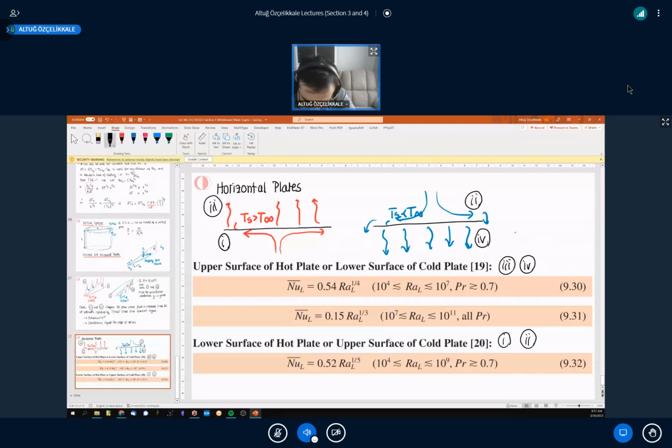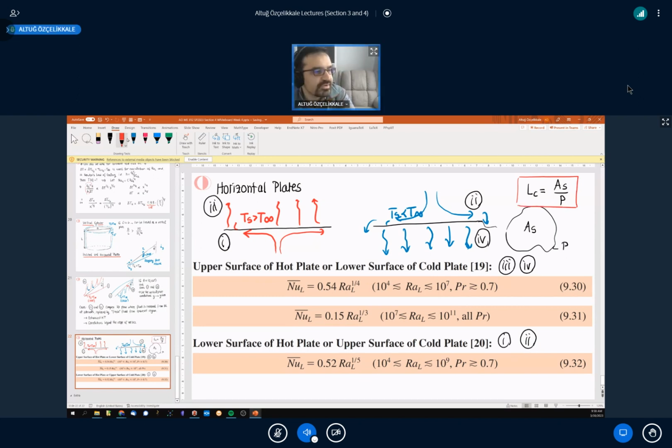You can have an arbitrary shaped plate, by the way. It can have a certain surface area and a perimeter. In those cases, you would define the characteristic length as the surface area divided by the perimeter, and you are going to base your Rayleigh number calculations on this characteristic length.